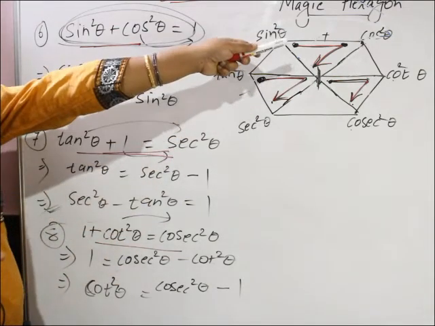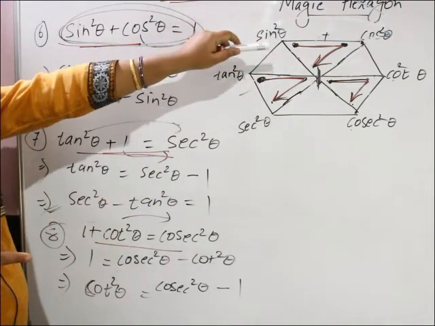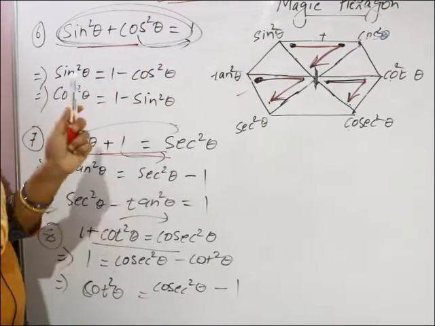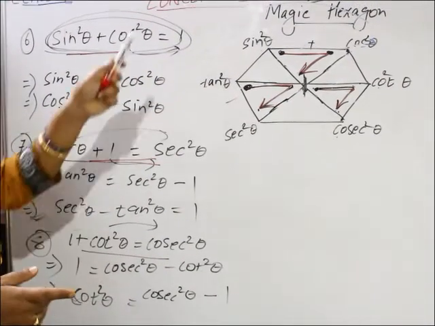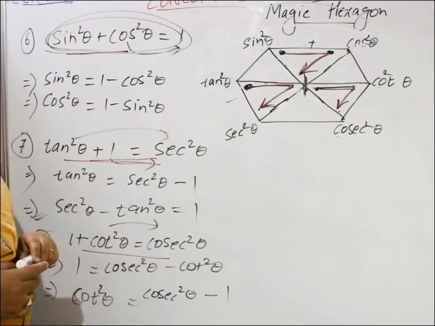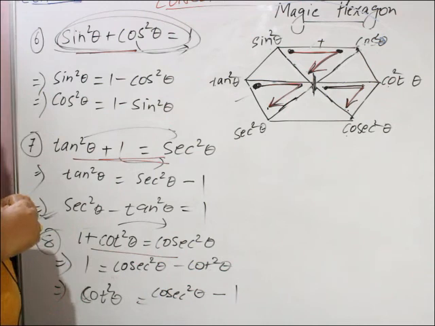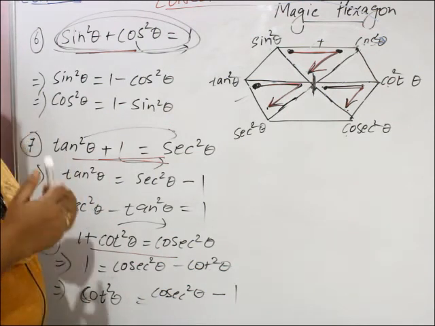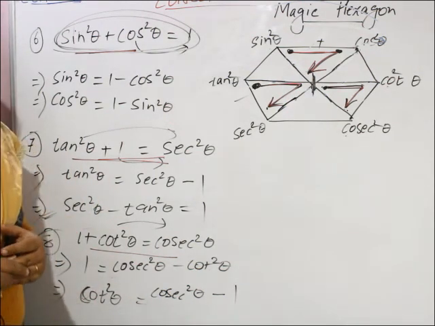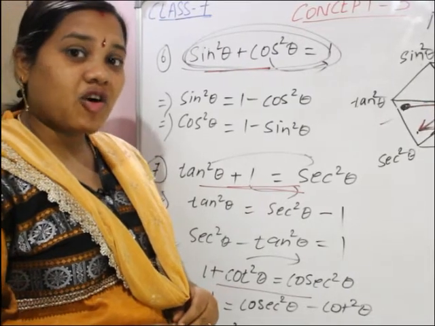By using the magic hexagon. Is it? Magic hexagon. All 8 identities we got with this magic hexagon. Is it or not? So remember the magic hexagon and remember the 8 important identities. This is for today. Today what we learned?